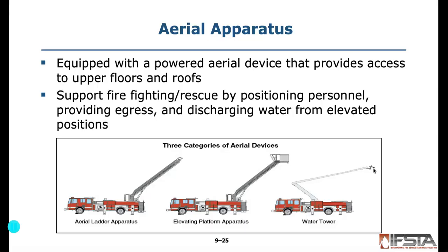Typically, you're looking at 75 to 110 feet. They'll support firefighting and rescue by positioning personnel, providing egress, typically to upper floors, and then in the defensive fire attack, you can spray water from an elevated position, and you can spray a larger volume of water than you can with one of the 1 3/4 hand lines.